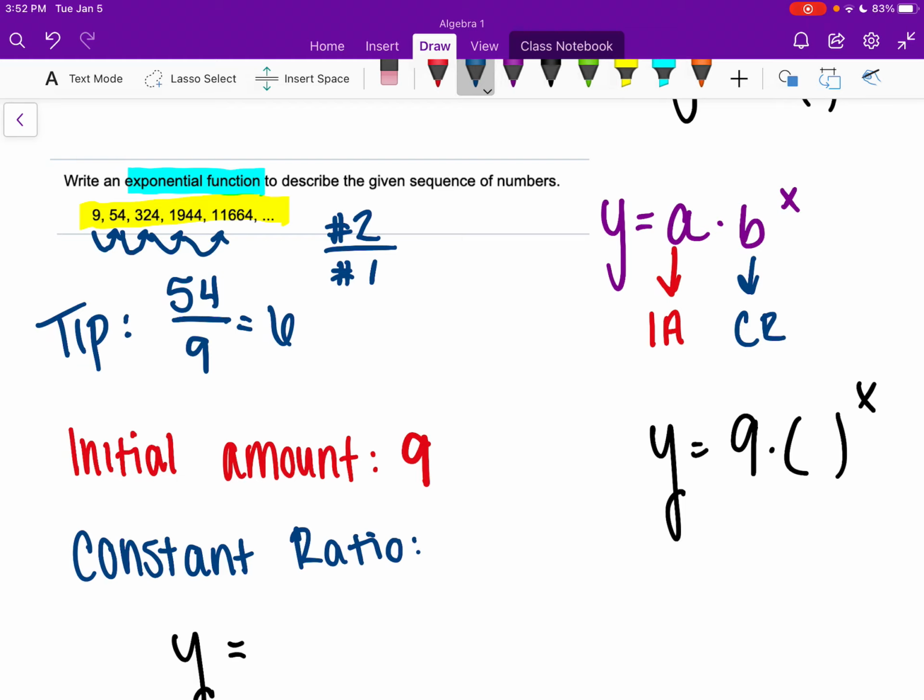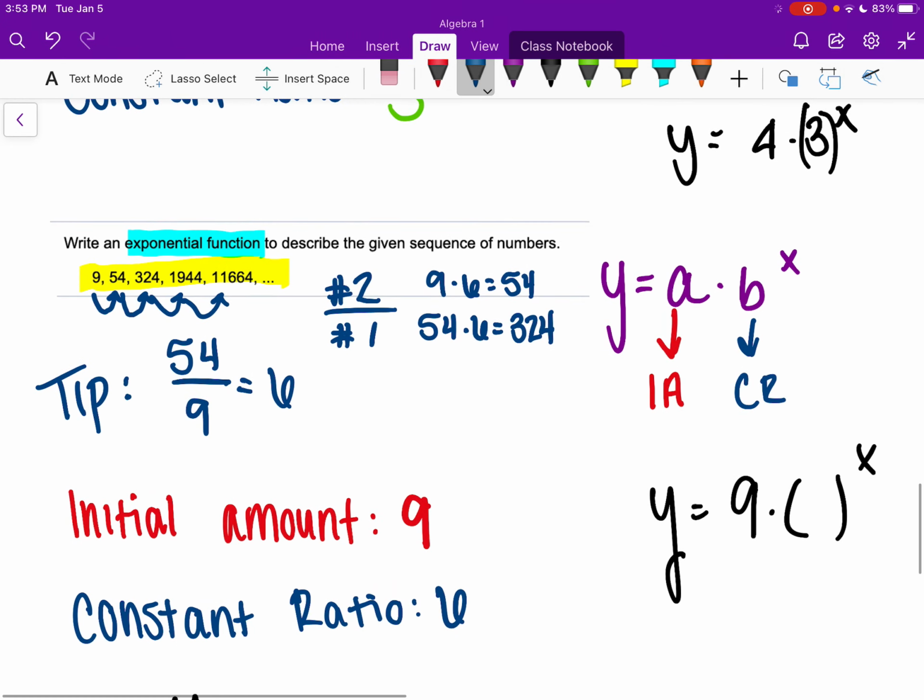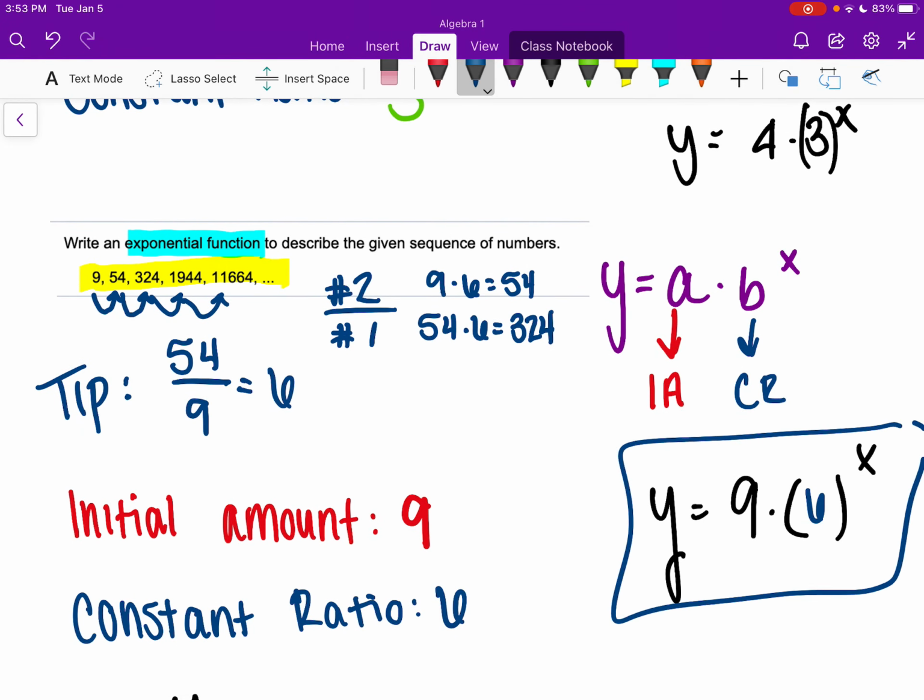And one way we can check it is, what is 9 times 6? Is it 54? Yes. What is 54 times 6? Check it. 54 times 6 is 324. All right, cool. That is the number we're multiplying by each time. It's 6. So in my answer, y equals 9 times 6 to the x.